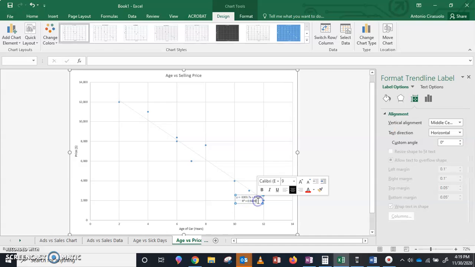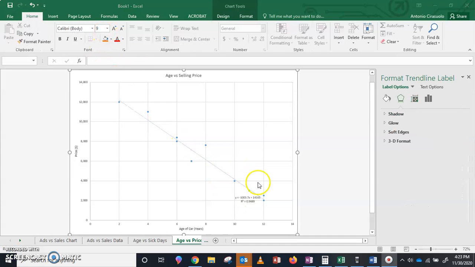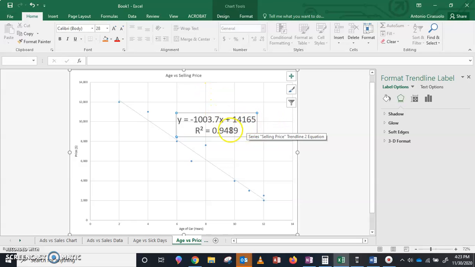I'm going to make this a little bit bigger. And then I'm going to move that up here, and there we go. Now it's rounded it to 1 decimal place and no decimal places for the y-intercept.